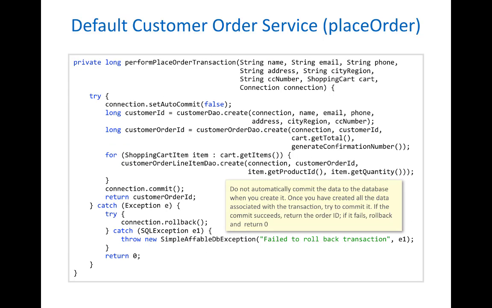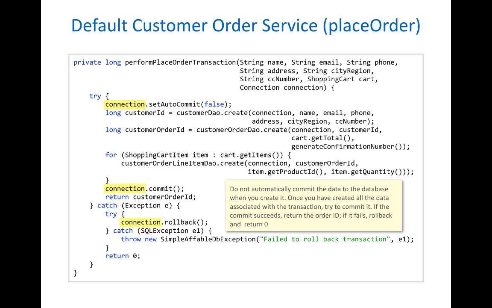This method is where the key transaction code takes place. There are three important aspects of this code. First, look at what's happening with the connection object. At the beginning of the method, we set auto commit to false.